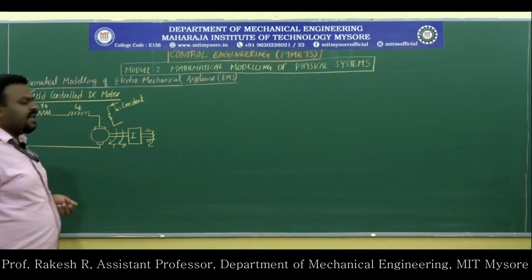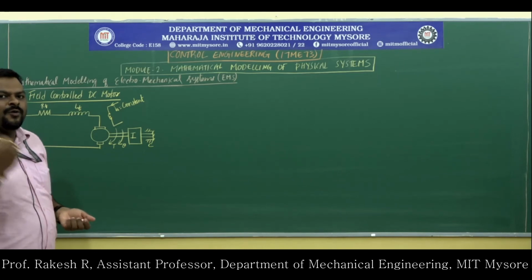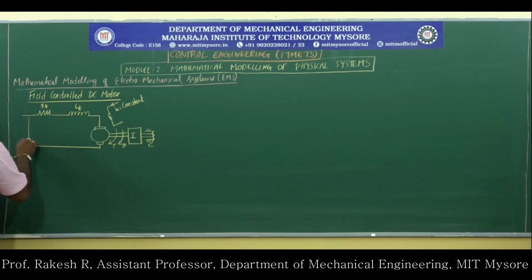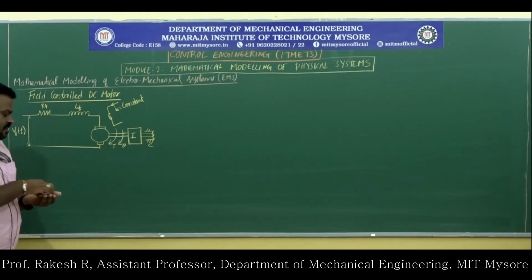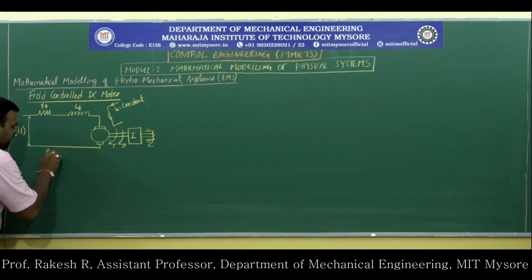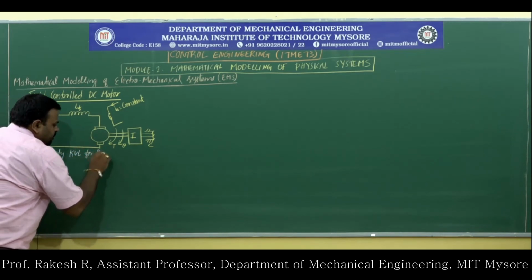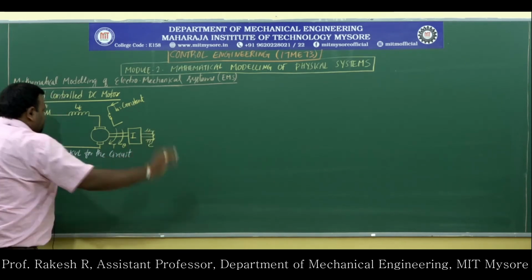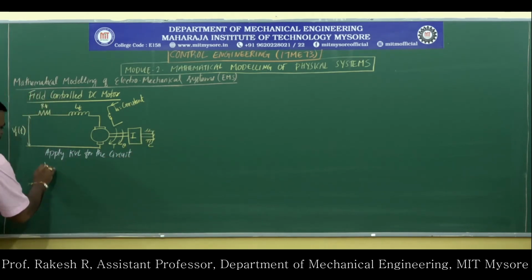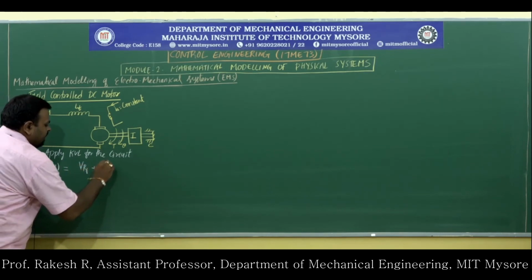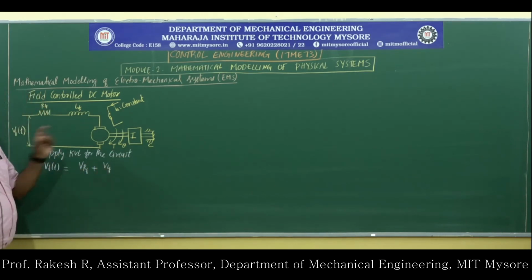So let us derive the expression for output and input of field controlled DC motor. So this is Vf of t, the field supply voltage. First I will apply KVL, Kirchhoff's voltage law, for the circuit. By Kirchhoff's voltage law, the input field voltage will be equal to the voltage across resistance and voltage across inductance of the field.